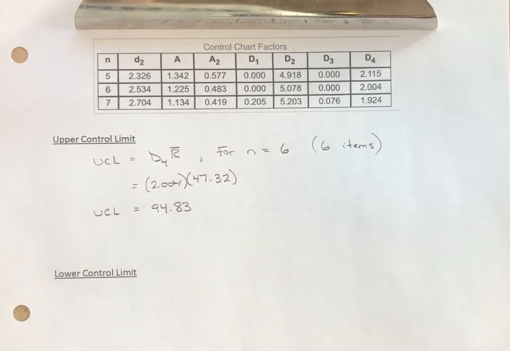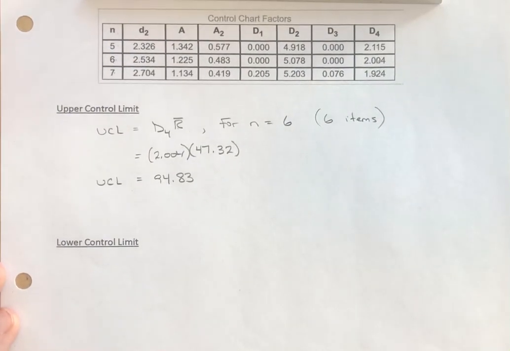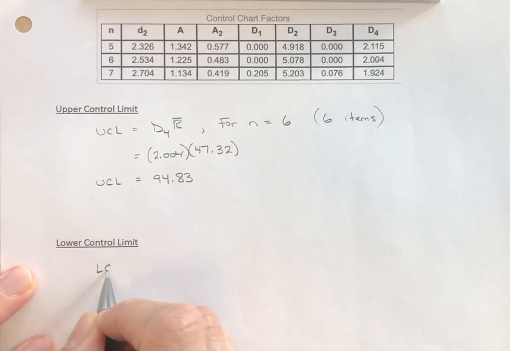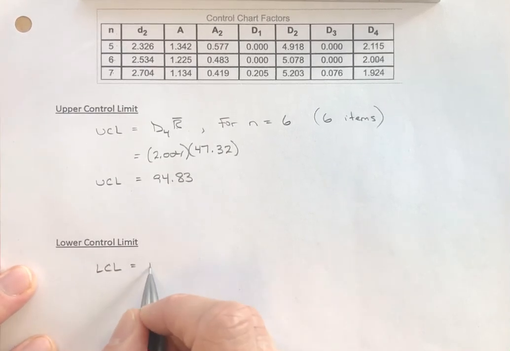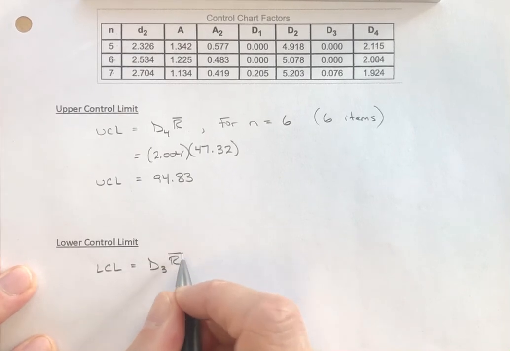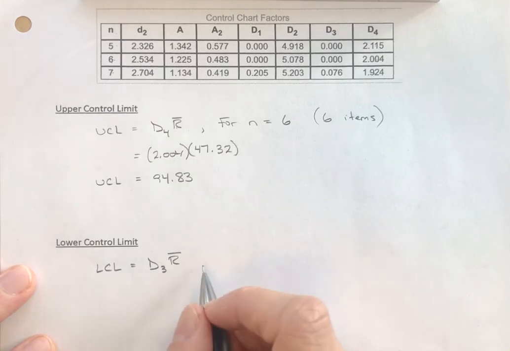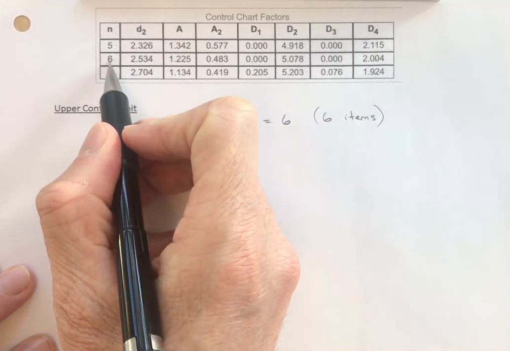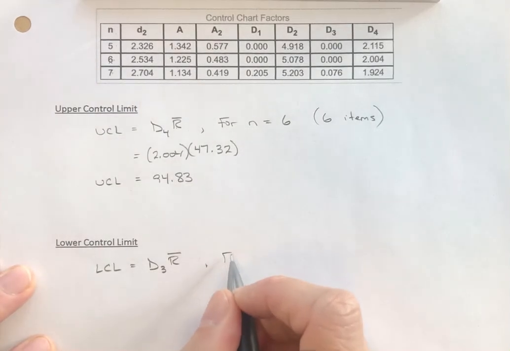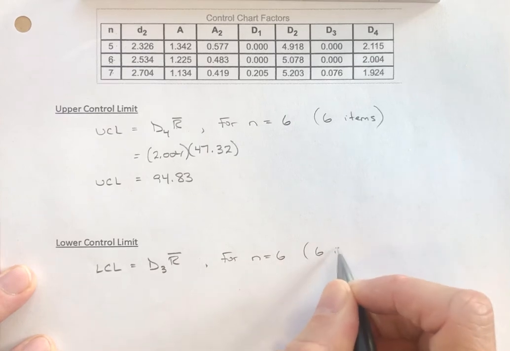We're going to do the exact same thing, and I'll leave it up so you can see the control chart for our lower control limit. In this case, we're told that it is equal to D3 times R bar. Again, we're going to note that we had 6 items. Our n was equal to 6.